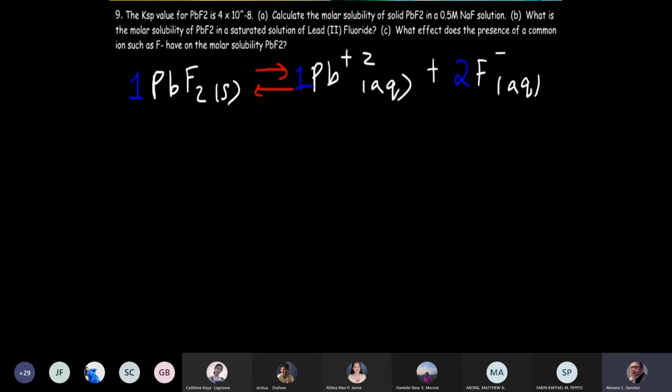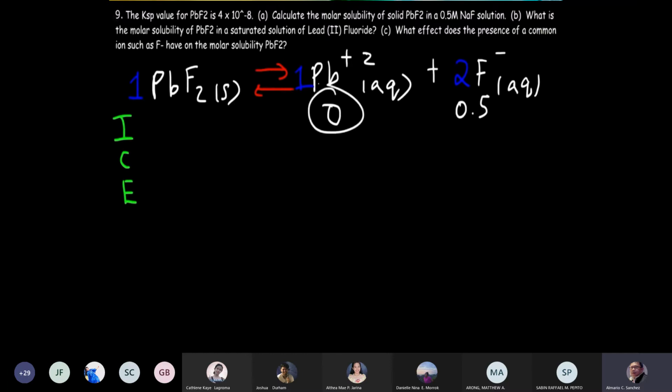Now let's make an ice table. Initially, the concentration of lead will be 0. The concentration of fluoride is 0.5 because the lead fluoride dissolves in a solution that already contains fluoride. Sodium fluoride is 0.5 moles per liter.